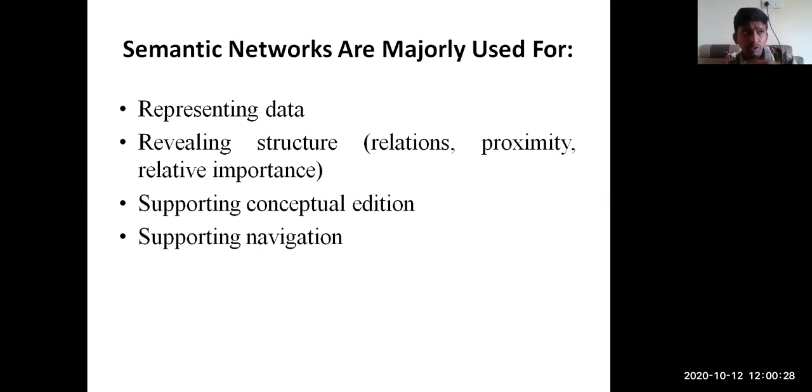It is also used for supporting conceptual addition. The concept can be clearly picturized in the form of a network, and it will be used in a number of aspects. That is, supporting navigation. If you're talking about applications of a network, it will be used in navigation to say which type of directions can be used, like how different places can be connected using a network, like Google Maps applications for navigation.